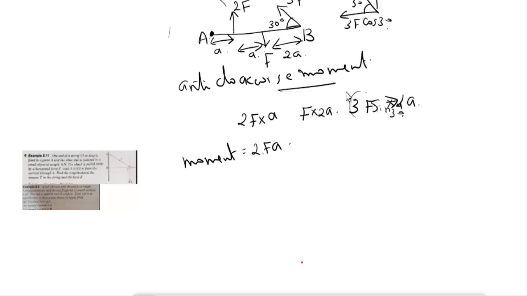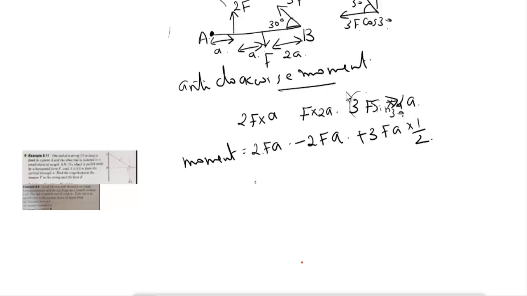So if we consider anti-clockwise as the positive moment, here we need to consider minus 2FA. And 3F sin 30 is also acting in the upward direction, so it is positive only. Therefore, 3F sin 30, with sin 30 being 1 by 2. The value of F is not given over here.